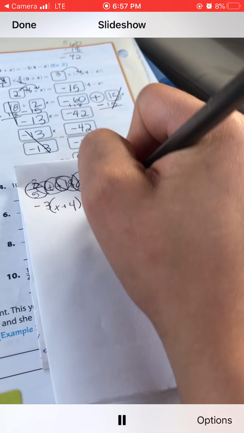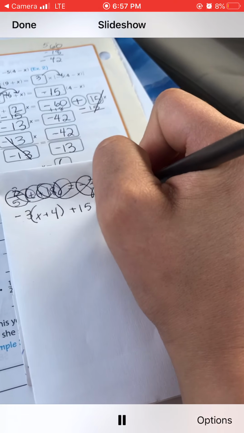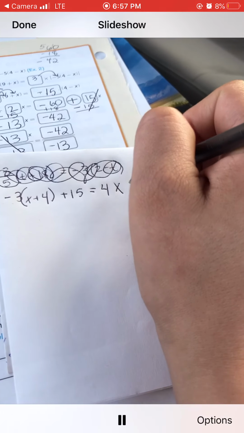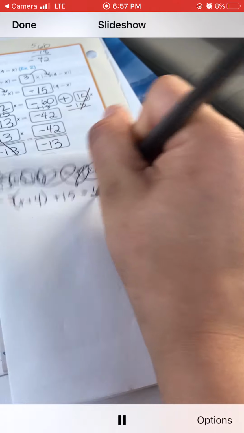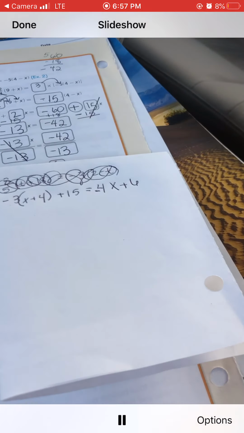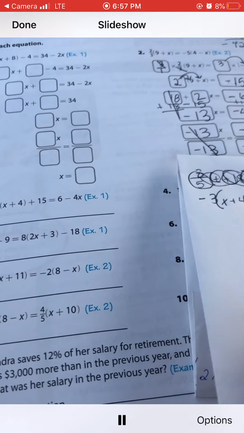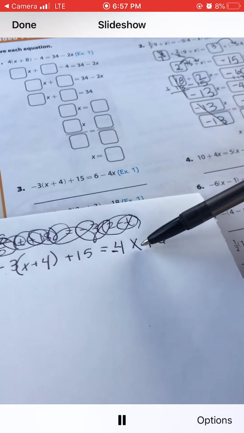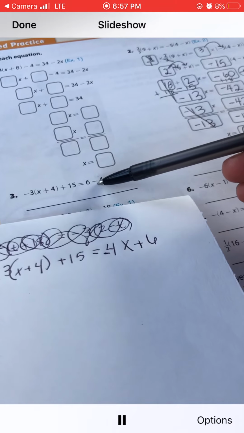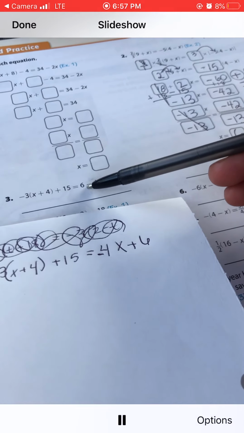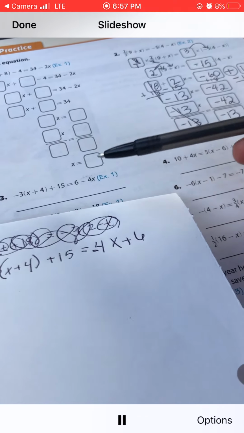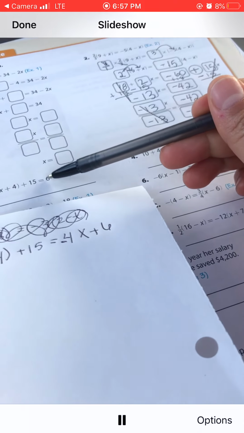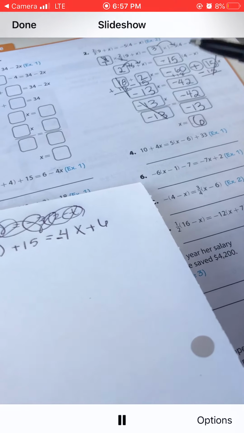So it's 15 equals negative 4x plus 6. I switched it around a little bit on accident. So here it's negative 4x because this is what the real number is, minus 4. So minus 4 plus 6 because of that positive 6 right there.